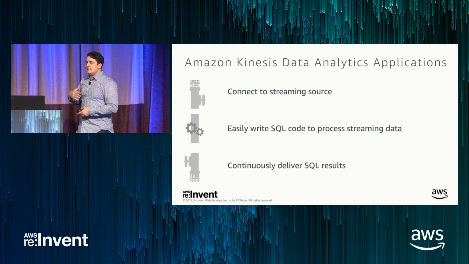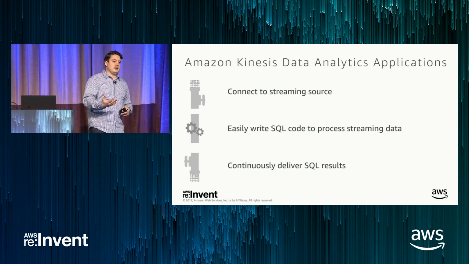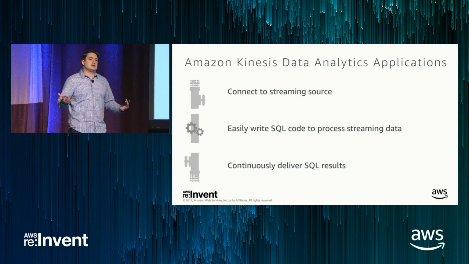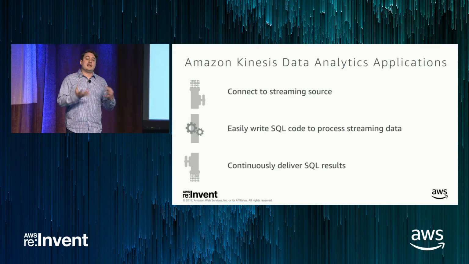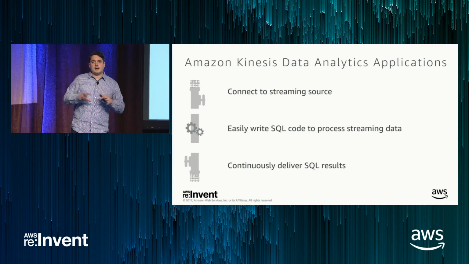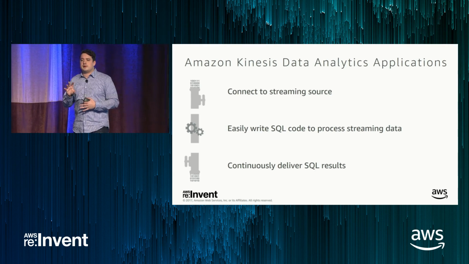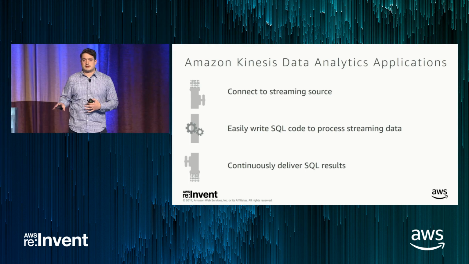So back to Kinesis Data Analytics. When you create a Kinesis Data Analytics application, and in general, most streaming applications follow this sort of pattern, you connect to a source, you write a piece of code, in this case it's SQL code, and then you configure where you continuously deliver those SQL results.